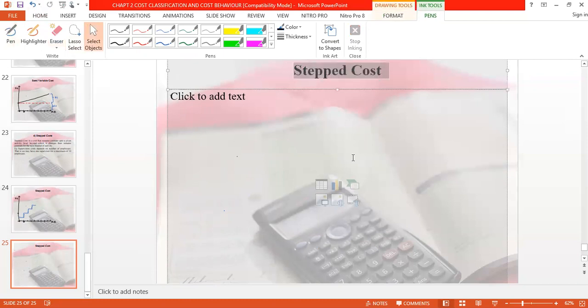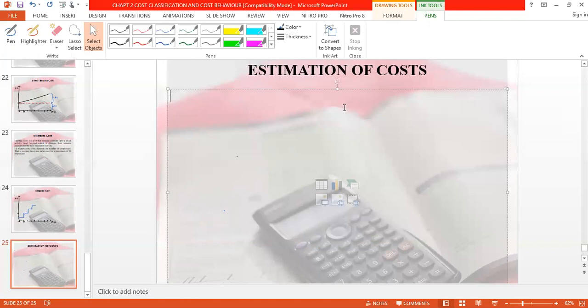We will look at what is called estimation of costs, or costs estimation. The reason why I don't want to start this is because it's calculation.